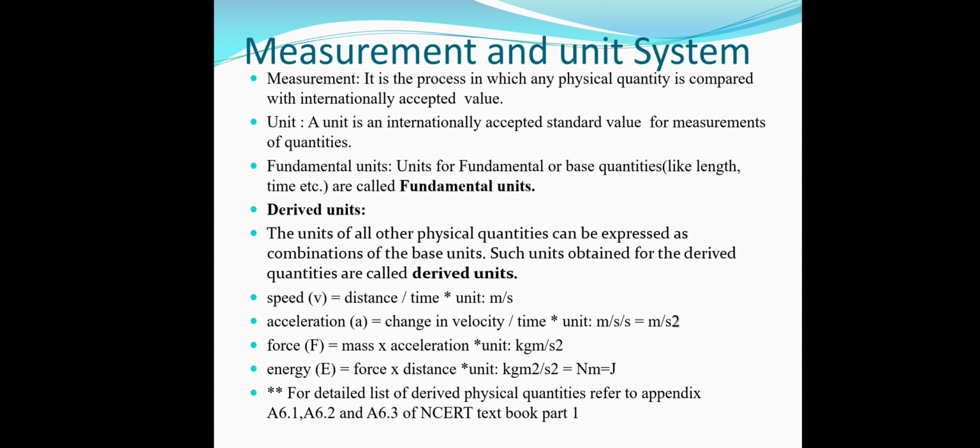Acceleration a, change in velocity per time, unit meter per second square. Force, mass into acceleration, unit is kg m per second square. Energy E, force into distance, and unit is kilogram meter square per second square.